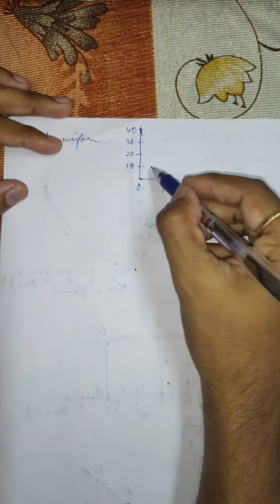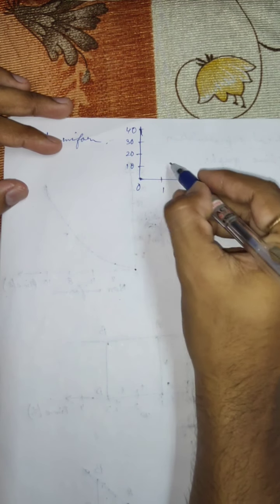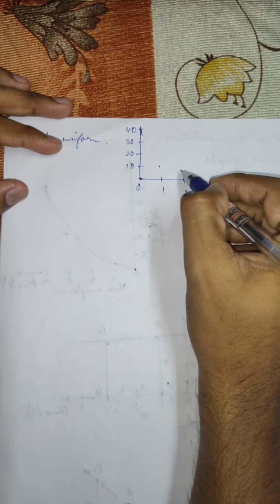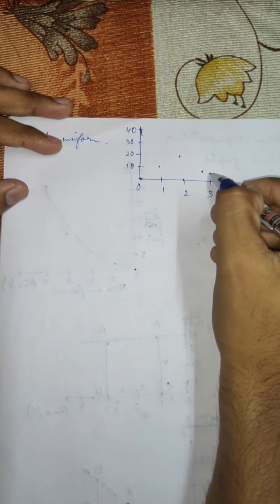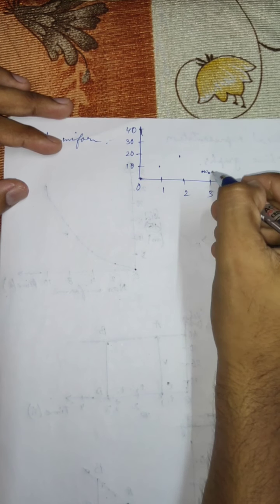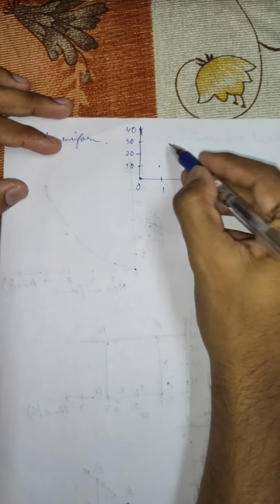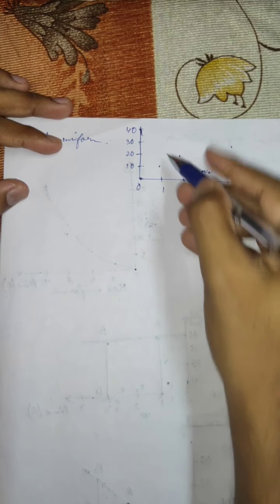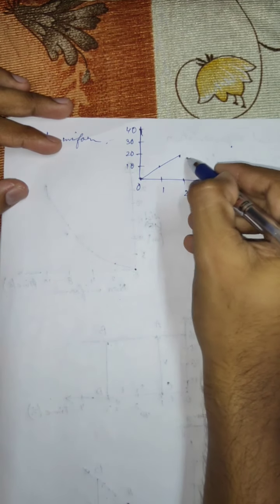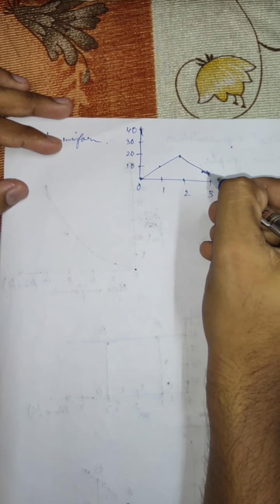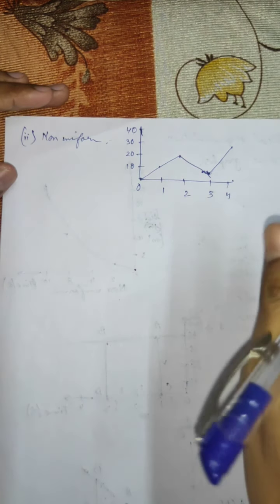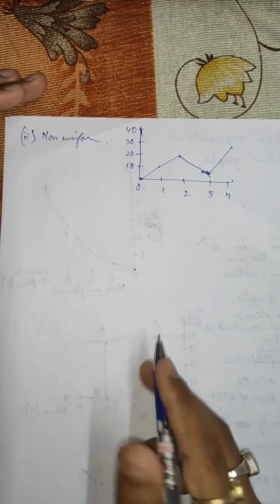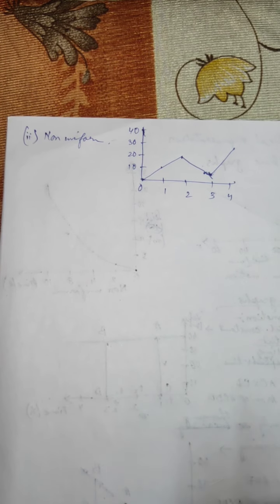In the first hour, suppose it is 0, then it is 10, then 20, again 10, and in the next hour 10, and in the next hour suppose 30, like this. If I join, the graph will be like this. It will be just like a zigzag. So this is nothing but the case of non-uniform motion.